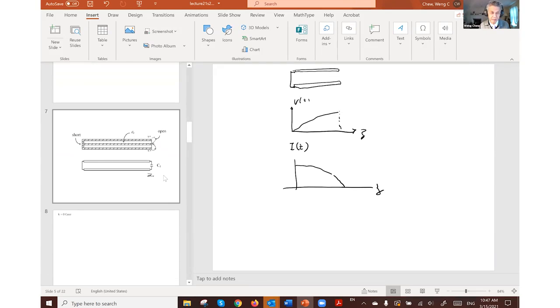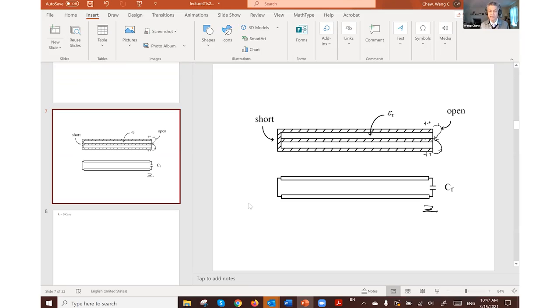So the idea is that if you have a transmission line like a coax, this is the case of a coax. Okay, one way you can make a resonator is to short it at the other end with a metal short, and then you just leave this other side open.